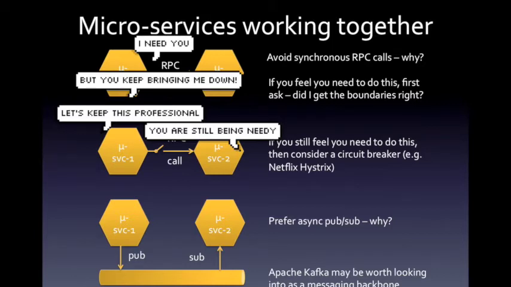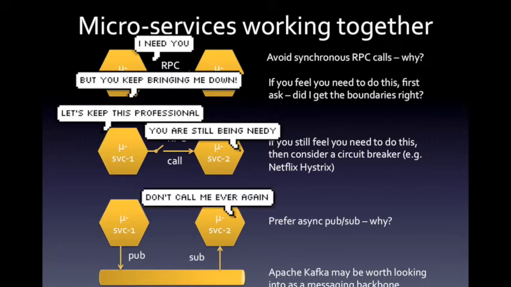You can choose whatever makes sense for you, whether it's Apache Kafka, which may be worth looking into, or RabbitMQ. There are a bunch of things out there that support this style of communication between components of a system.